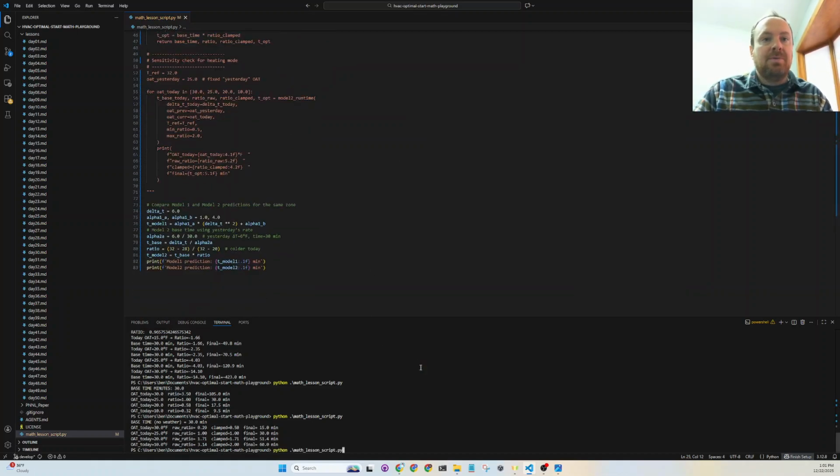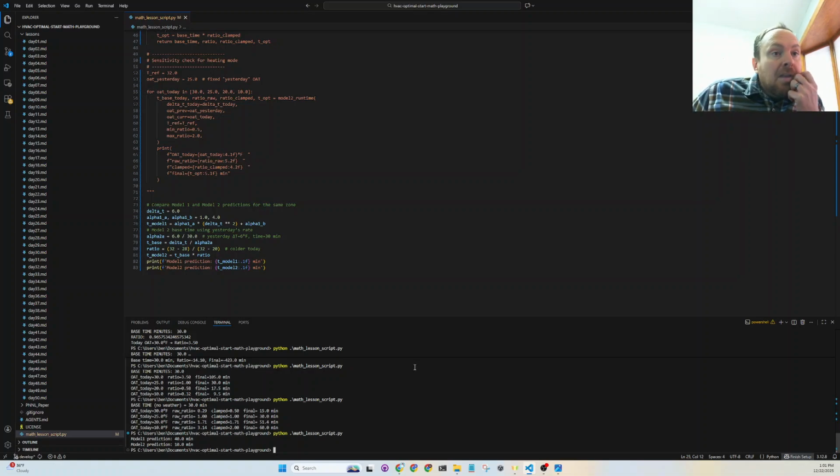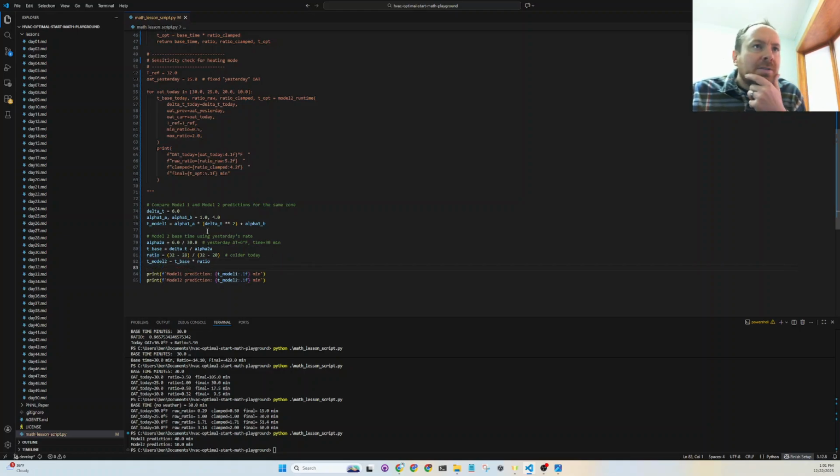Okay, so if I rerun our script, this is just a review of what we've been talking about. Here's Model 1, which was using basically quadratic regression. If we were given these numbers, this is what we would output in minutes.